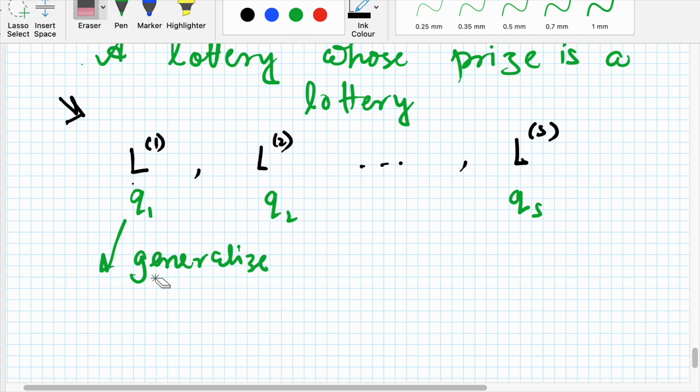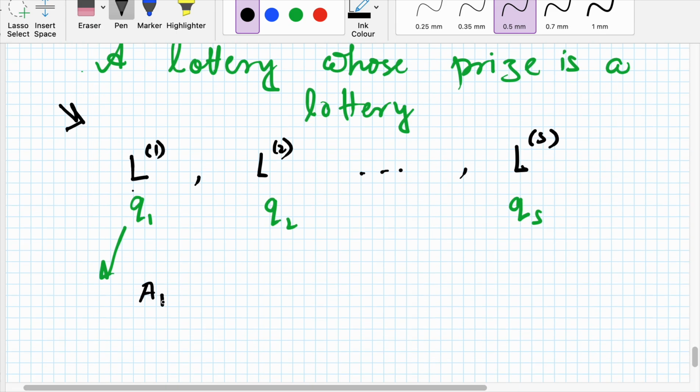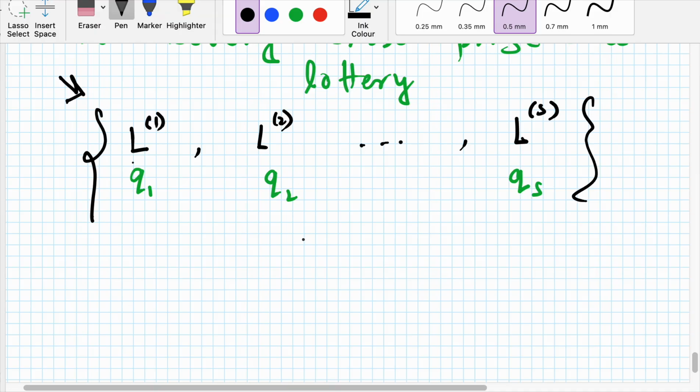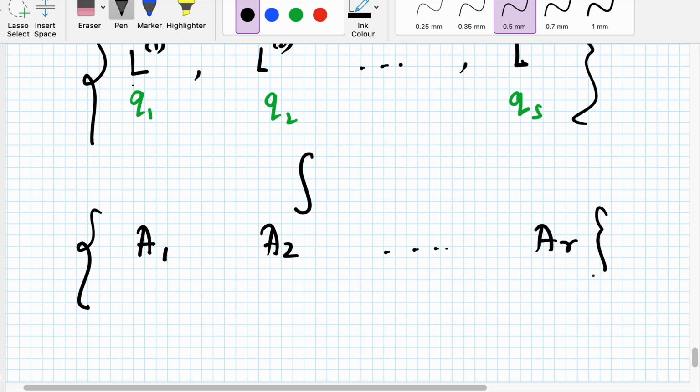In more technical terms, this lottery is indifferent to a simple lottery whose prizes are the basic outcomes A1, A2, AR with some probabilities, suppose P1, P2, PR.